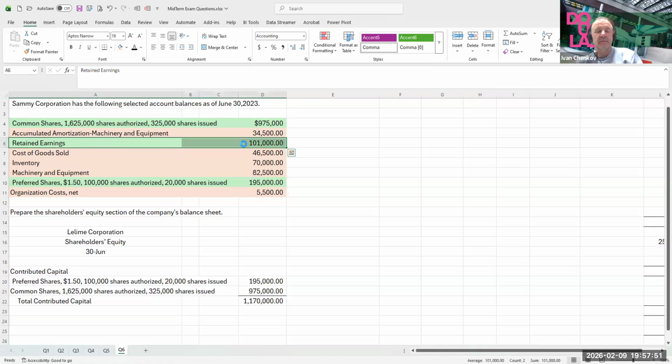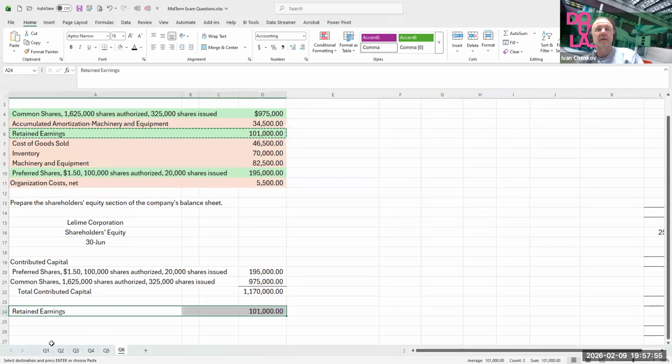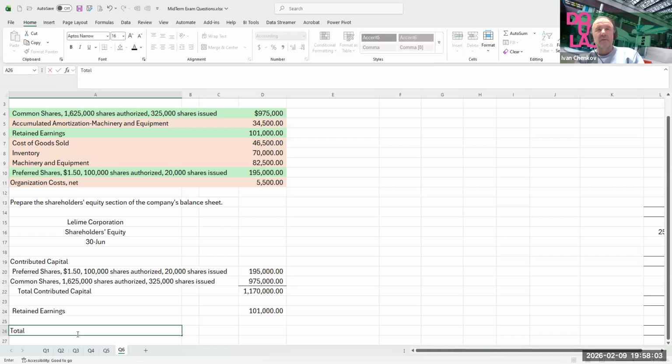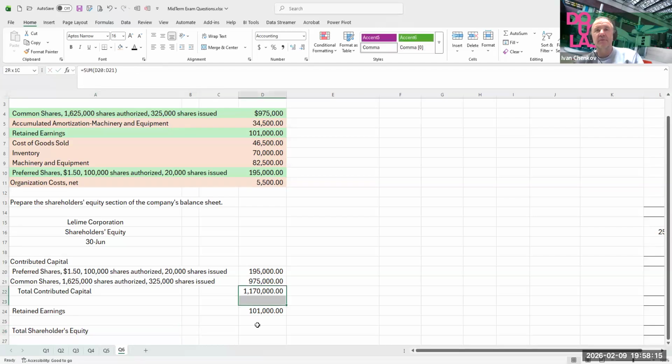Then the next one is the retained earnings. Let's paste the retained earnings here. Since it's only one element, the last thing that I have to do is total shareholders' equity, which is going to be only those two.